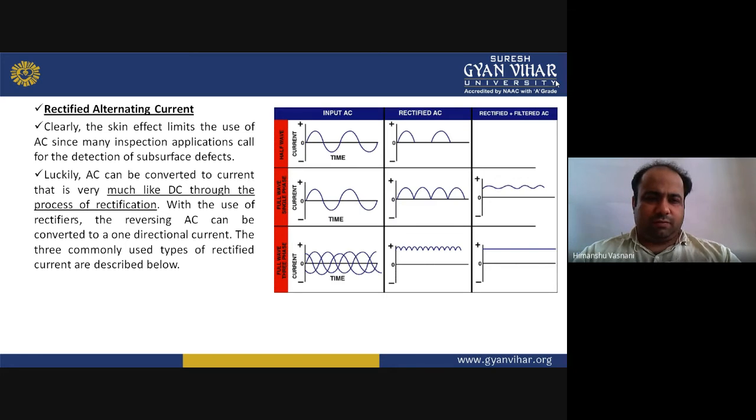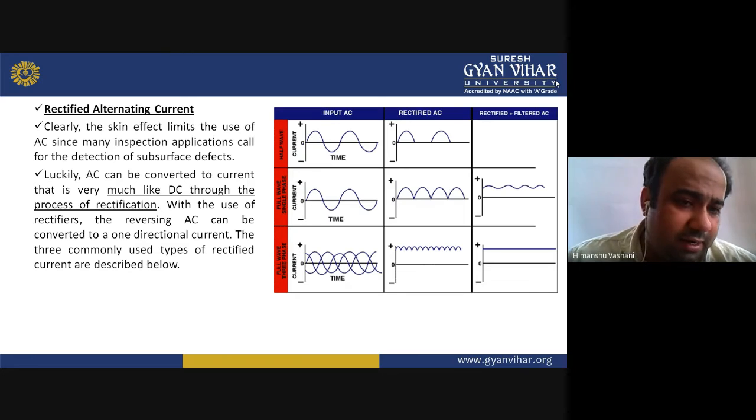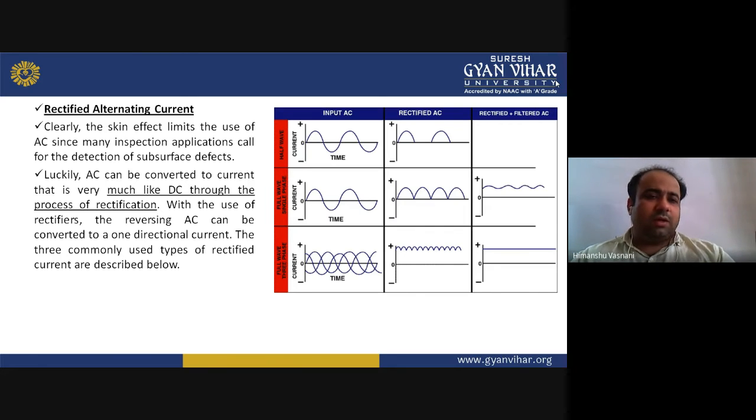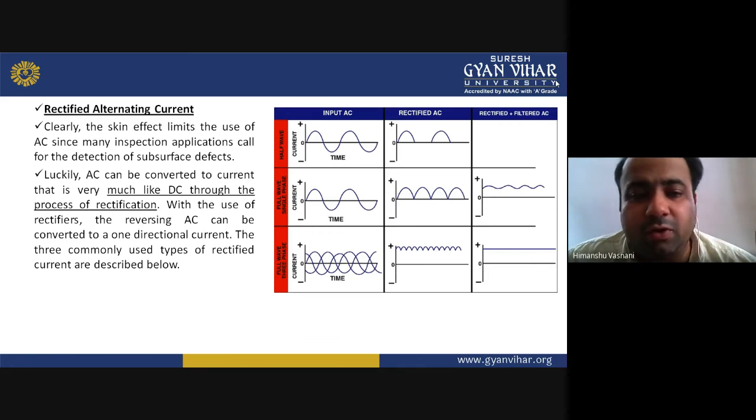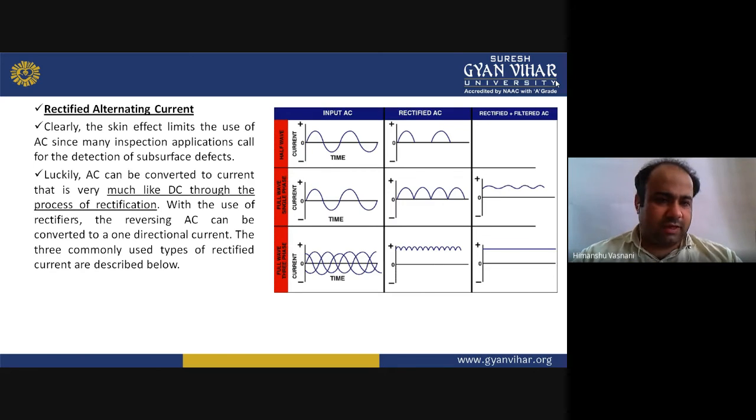With the use of rectifiers, the reversing alternating current can be converted to a one directional current. The three commonly used types of rectified current are described below.